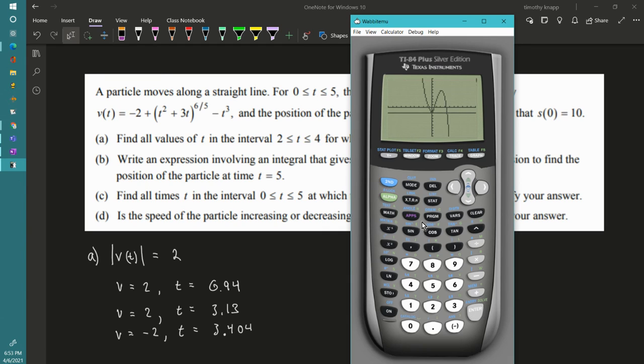And I hit enter. And there's my second intersection at y equals -2, which again we knew. And the time is 3.47. Okay, so there you go.